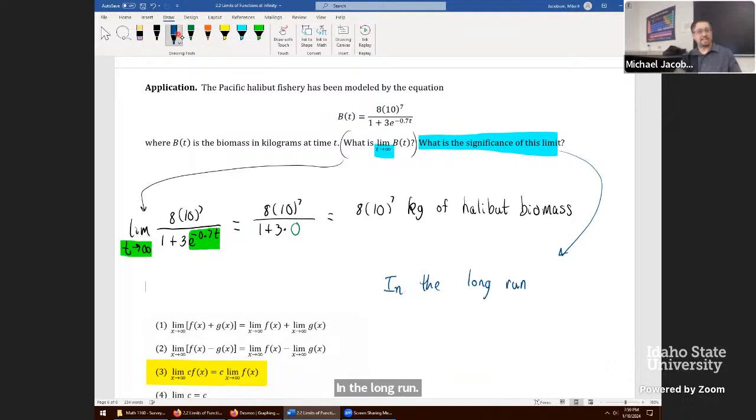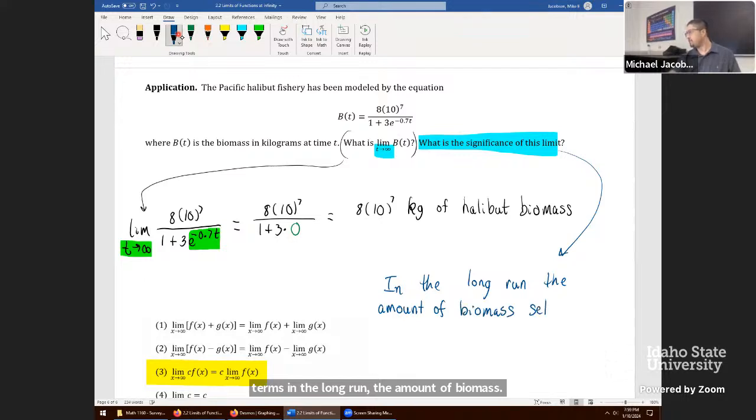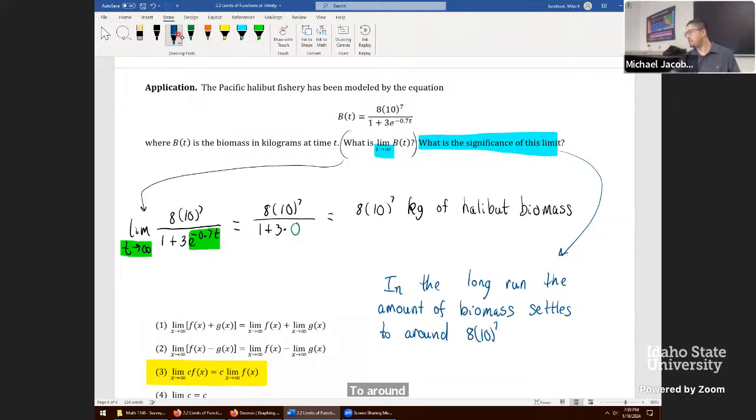if you're talking to a bank trying to get a business loan for your fishery, you'd probably say it in these terms. In the long run, the amount of biomass settles to around 8 times 10 to the power of 7 kilograms.